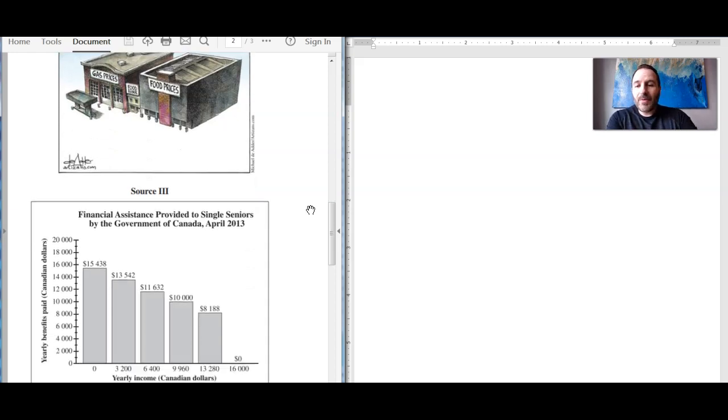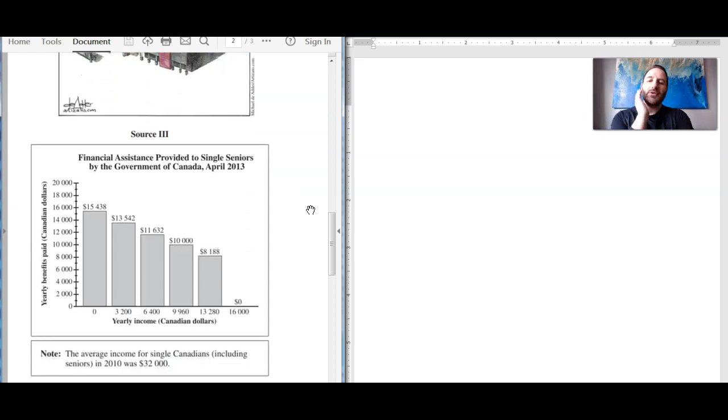And then we have the last source. So it says financial assistance provided to single seniors by the Government of Canada in April of 2013. And these are real stats, right? Now, you should note at the bottom, there is a little thing that we should be reading here. It says, note the average income for single Canadians, including seniors, in 2010 was $32,000.